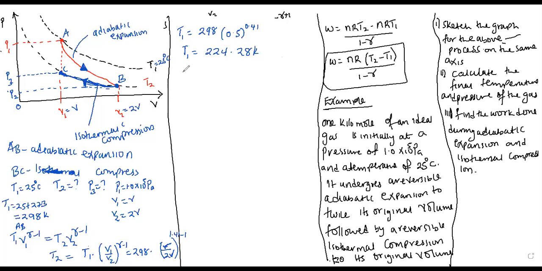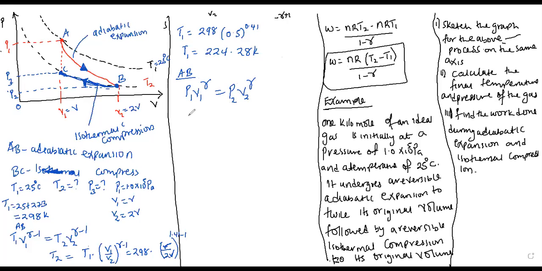Then for case 2, the temperature is remaining constant because it's an isothermal compression. So at a constant temperature, we would have AB being equivalent to P1 V1 to the gamma is equal to P2 V2 to the gamma. Because temperature is constant, they're asking us for the final pressure.